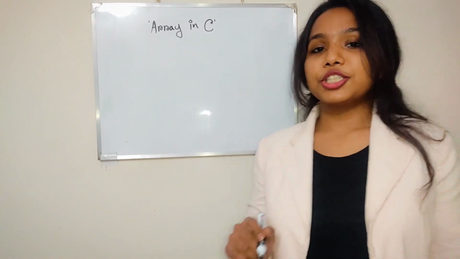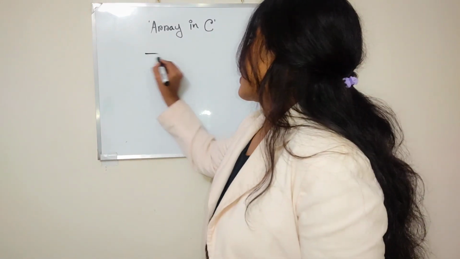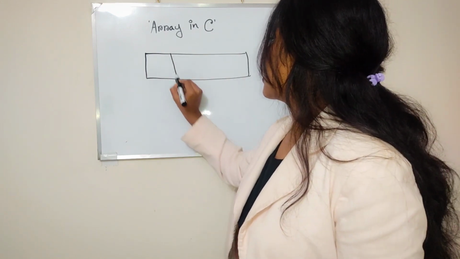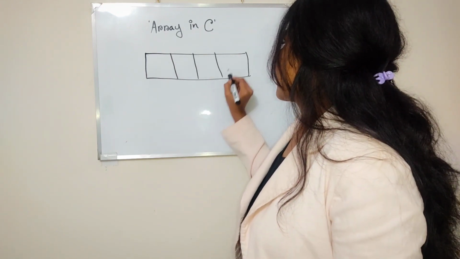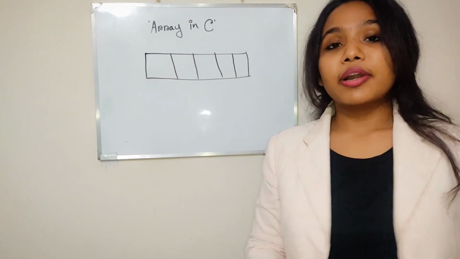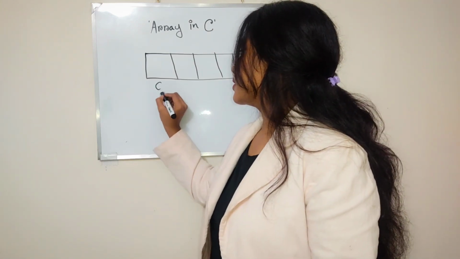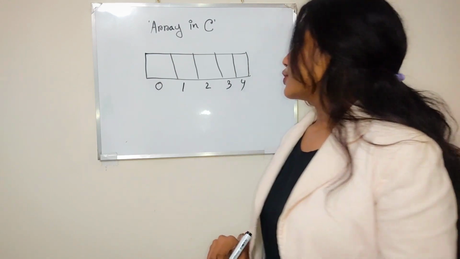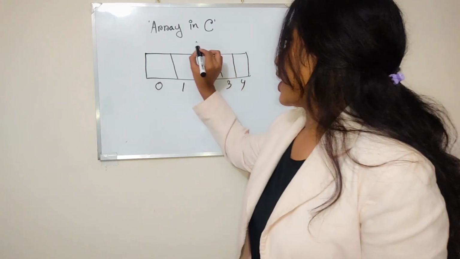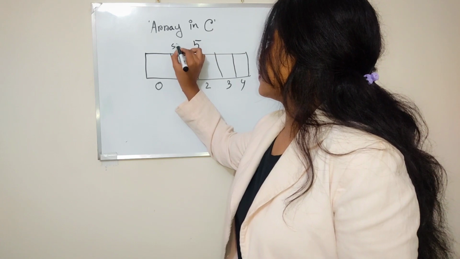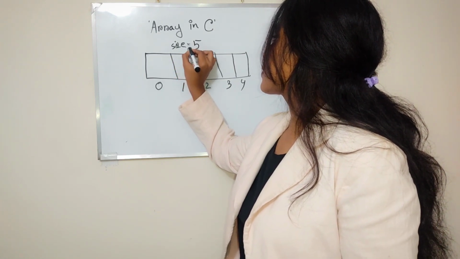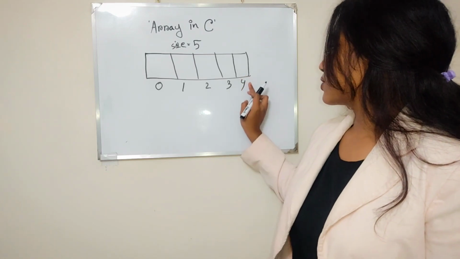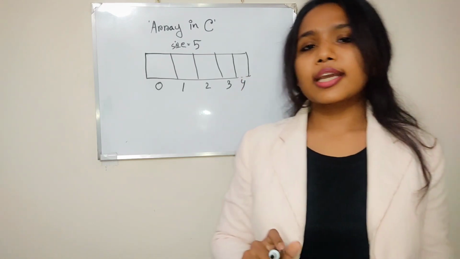I have already mentioned that an array has different indexes. The numbering of the index always starts from 0. So if the size of the array is 5, the last index will be 4. So from there, what can you say?